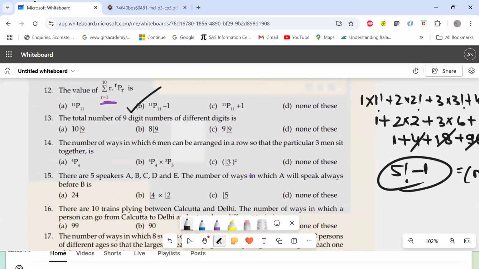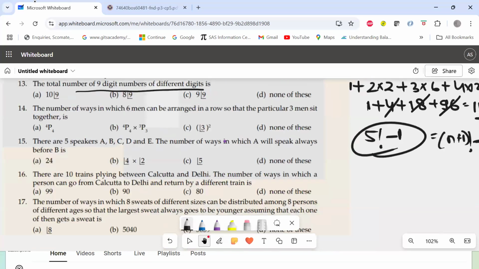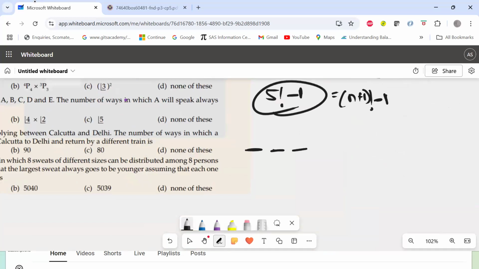Then question number 13: the total number of 9-digit numbers of different digits. So you are making a 9-digit number of different digits. In total we have 10 digits: 0, 1, 2, 3, 4, 5, 6, 7, 8, 9. 0 cannot come first, so any of 9 digits can come here, and digits cannot repeat.